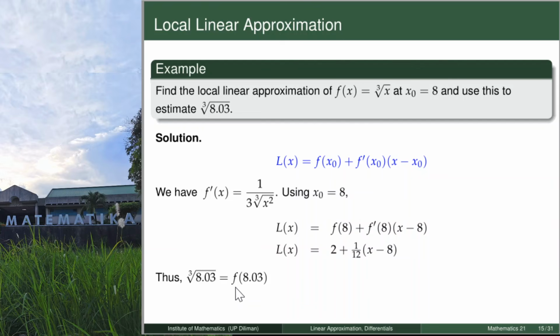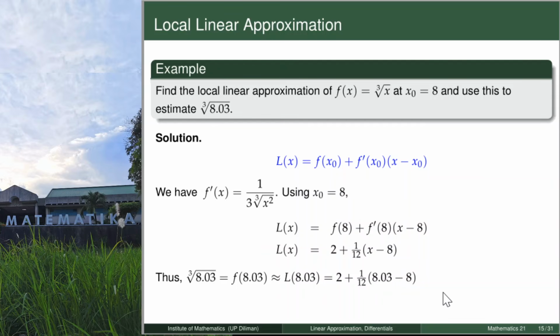We know that f of x can be approximated by the local linear approximation L of x. So this is approximately equal to L of 8.03. So if this is x, then that's x. If it's 8.03, then this is also 8.03. And then use the formula that we already have here, and we will have 2 plus 1 over 12, and then plug in 8.03 for your x, and you have this. So here, this is just 0.03 divided by 12.